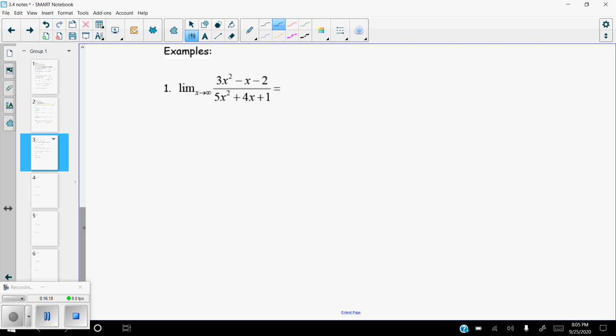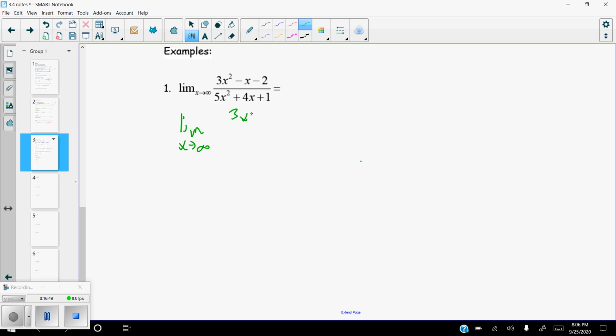The idea is we need to take the limit as x goes to infinity, and we need to simplify this by dividing every single term, there's 6 terms on there, by the highest power in the denominator, or the highest growth rate in the denominator, which in this case is an x squared. So we're going to divide every single piece by x squared.